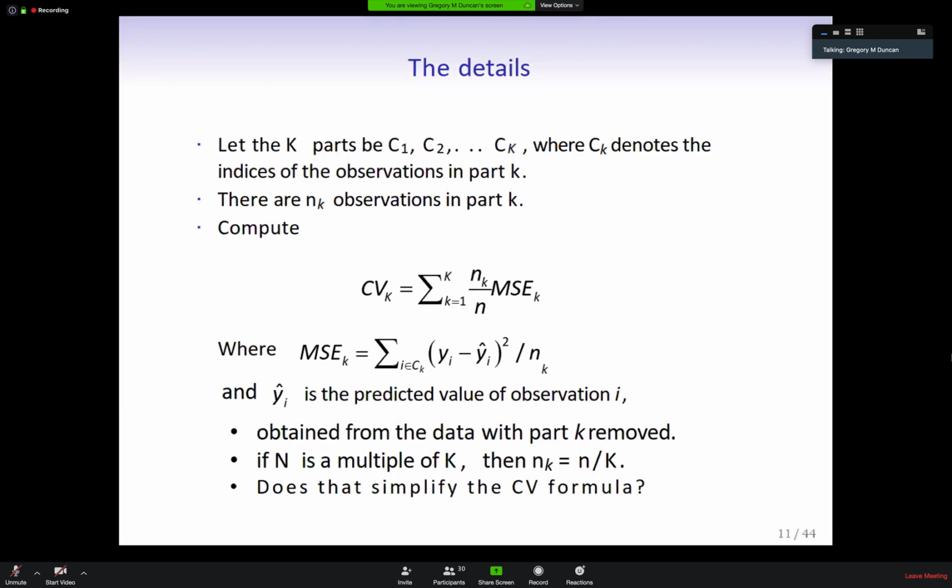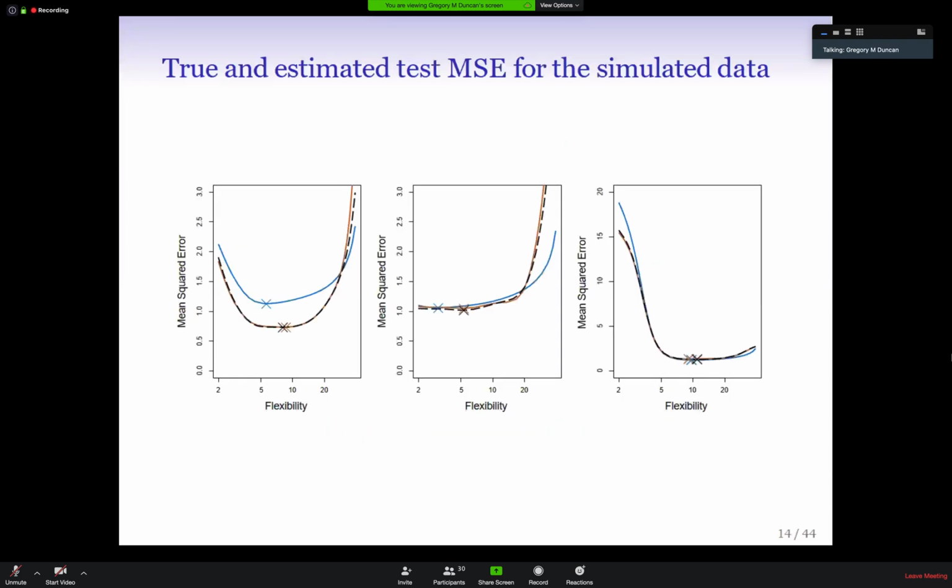Yes, it does. So what I tend to do is think of the CV as simply the average MSE from the K parts. So, MSE for each one of the K folds, and average them. As I said, it's just a little bit off because you don't necessarily have the case that you can get an equal number in each fold.